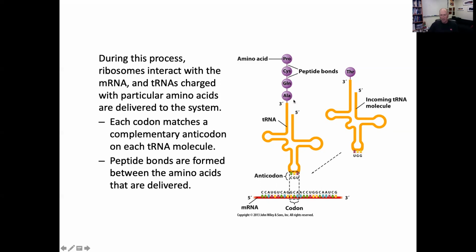The growing chain is transiently attached to the tRNA still, right? So this one is going to attach to this one, and now this one's going to have the growing polypeptide chain on it. These are the codons down here. Remember, a codon is 3 nucleotides in the RNA sequence, 3 successive nucleotides. And then the peptide bonds are going to be formed up here, okay?